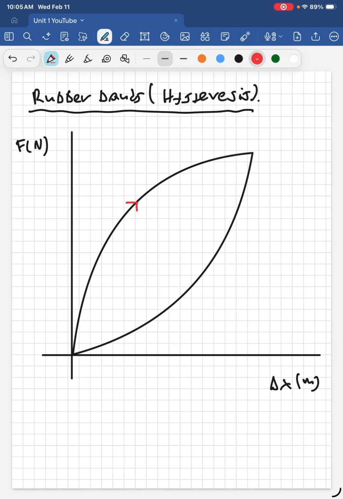Okay, so I'm gonna put the arrow that when it returns, it follows that path, okay? So this is actually called the loading, and this is called the unloading. Okay, and since the area under the unloading curve is the energy we get back, okay?